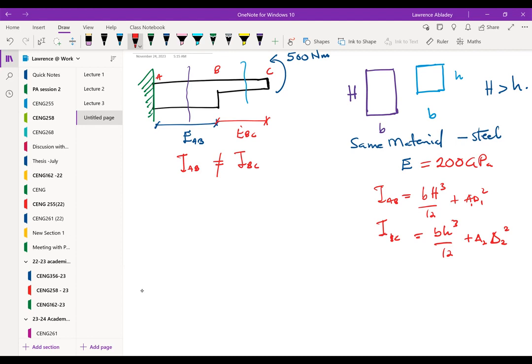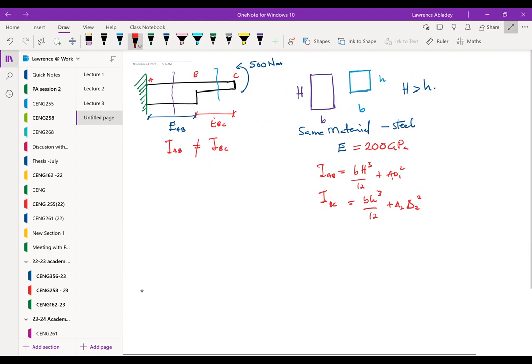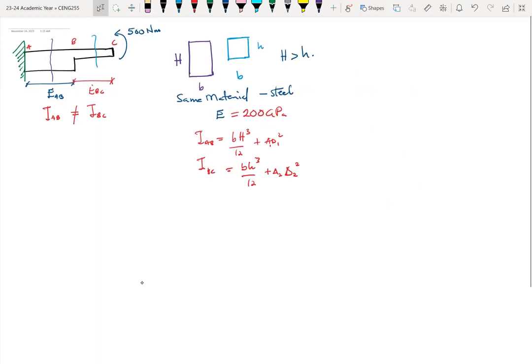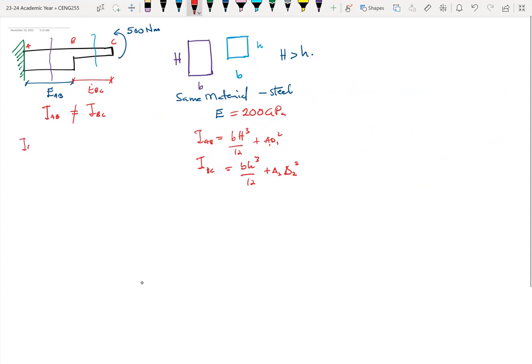All right, so going through all of this, with this example, I was given IAB to be 8 times 10 exponent 6 mm⁴ and IBC to be equal to 4 times 10 exponent 6 mm⁴.